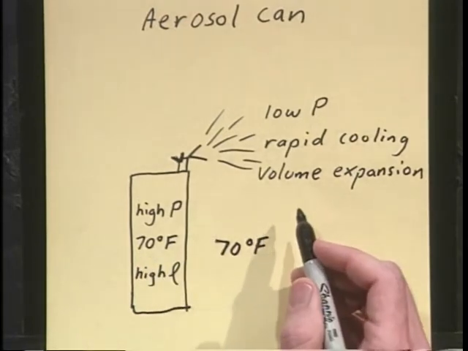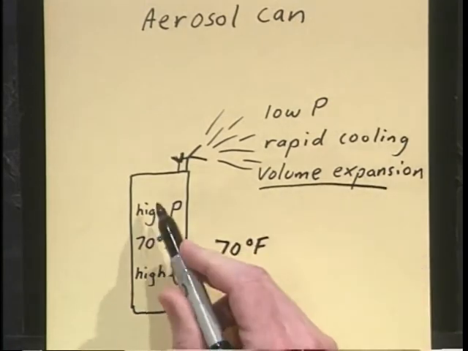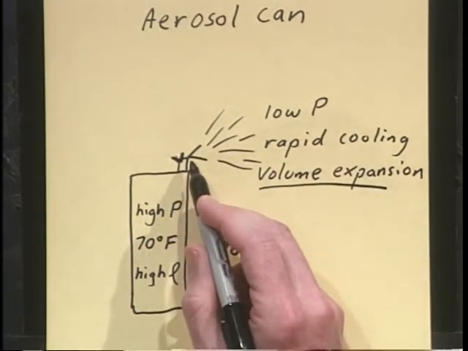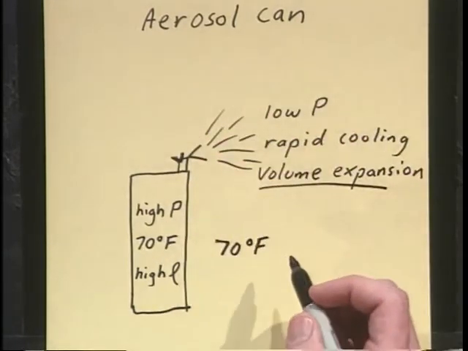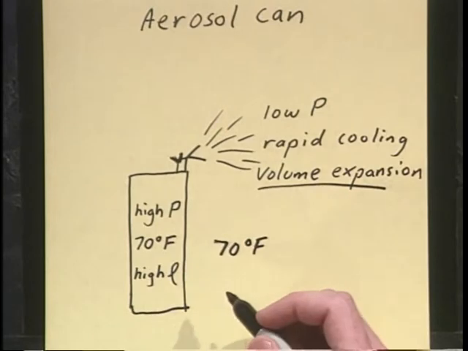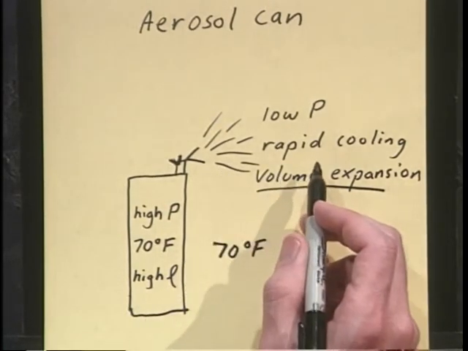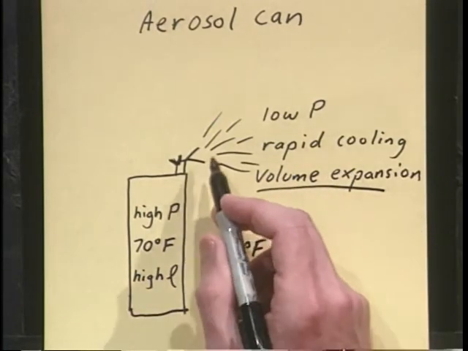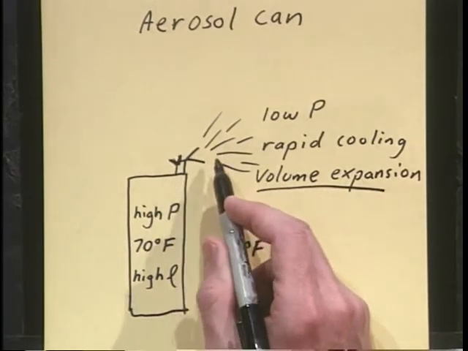And you're going to notice a volume expansion. So you have a small volume here inside the can. Once this contents comes out, then it expands rapidly and covers a large area compared to the size of the can. There also will be temporarily a rapid cooling, and you can feel this effect especially close to the can right as the substance is coming out.